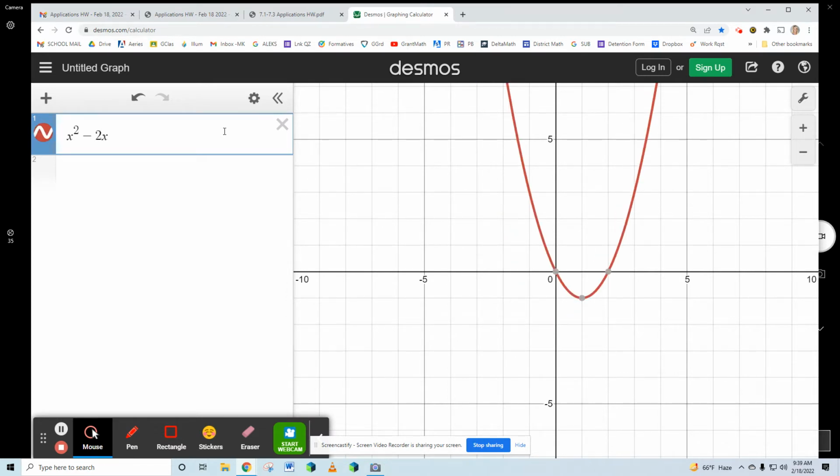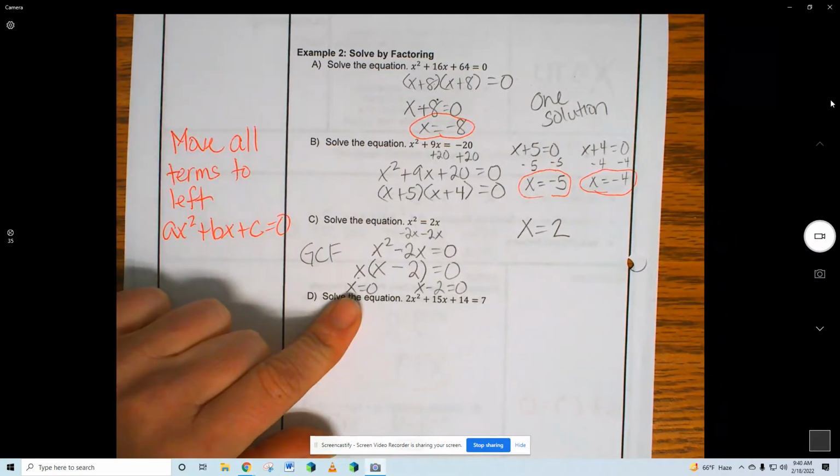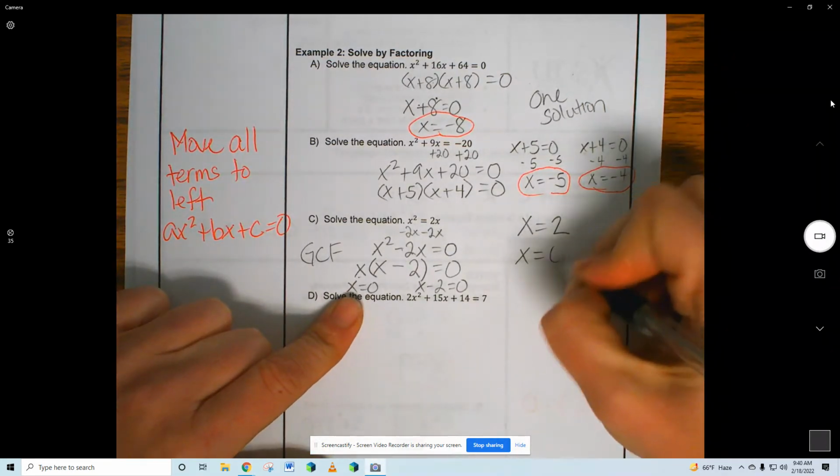See how on Desmos this hits twice? It hits at 0 and it hits at positive 2. So in my solutions, I'm going to do the x equals 0 and the x equals positive 2.